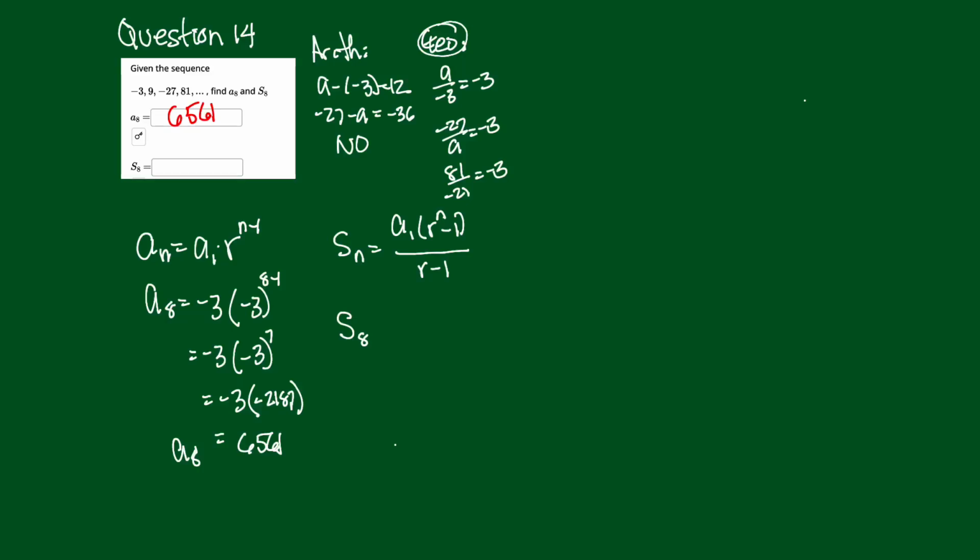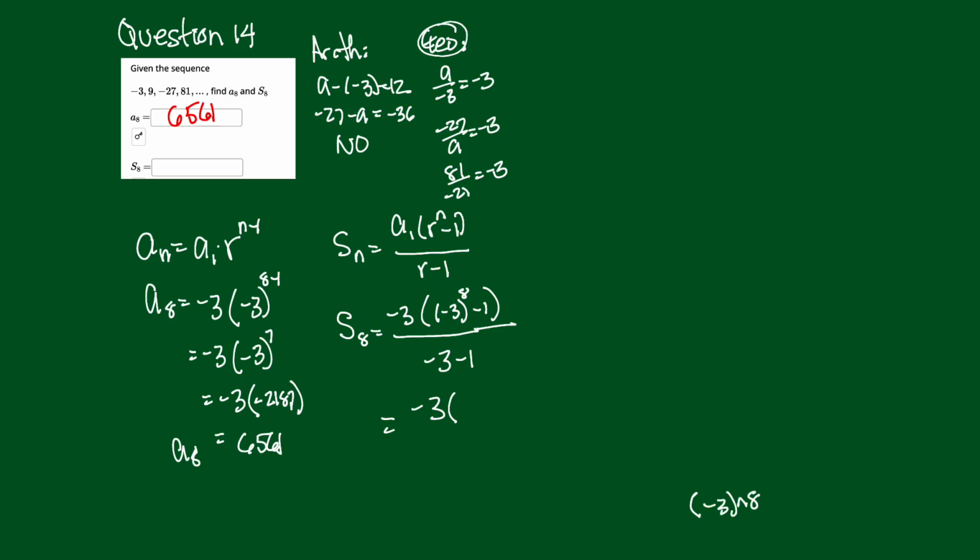S sub 8 is, first term negative 3, and then, careful with these negatives, negative 3 to the 8, minus 1, all over negative 3, that's r, minus 1. And this will give us negative 3 times, now negative 3 to the 8, you might want to do that on your calculator. On your calculator, just down here at the bottom right, parentheses, negative 3 caret 8.